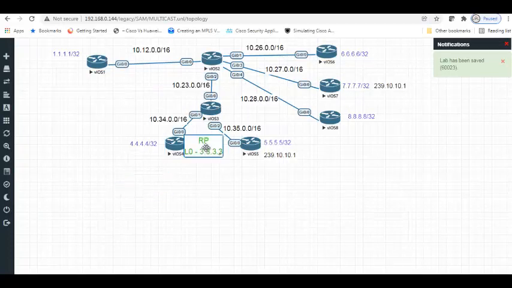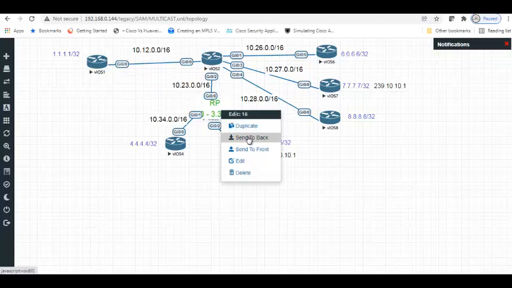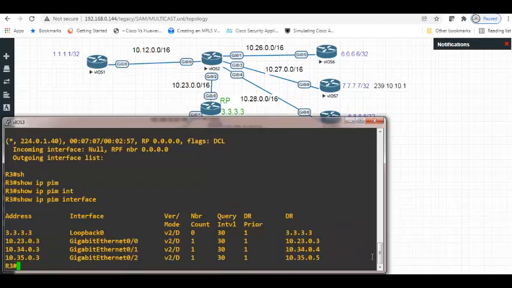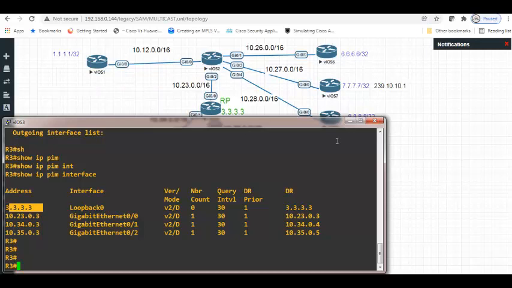R3 is going to be the rendezvous point, and if you check, there should be the address 3.3.3.3 on the loopback. I'm going to use this address as the RP ID for router 3.